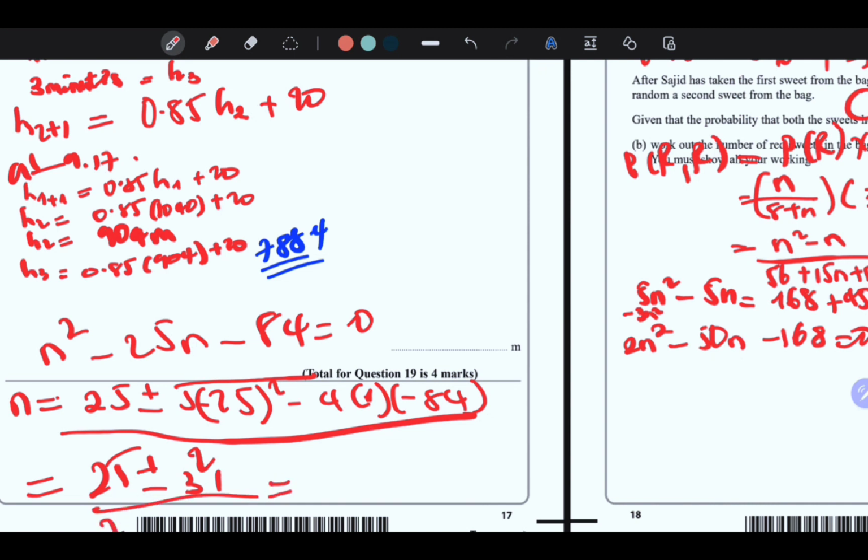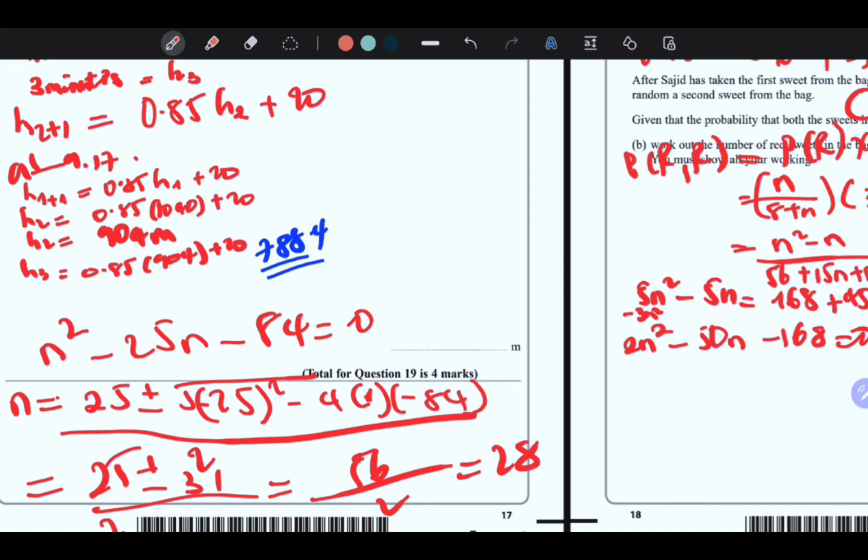So the two values here would be, well, you cannot do 25 minus 31, so don't waste your time doing that. It's going to give you a negative number. So just go ahead and do 25 plus 31. It's 56 over 2. So the number of red balls would be 28.